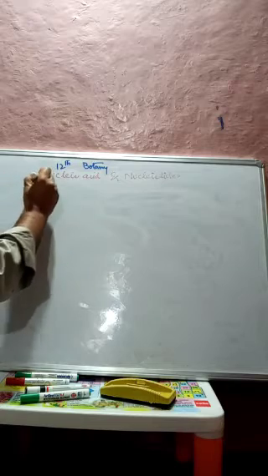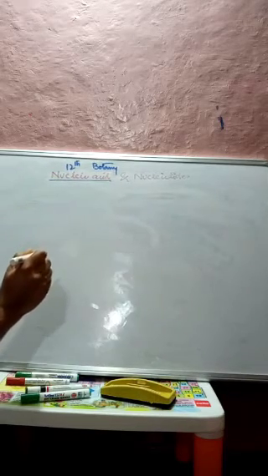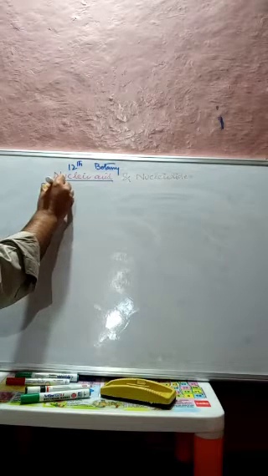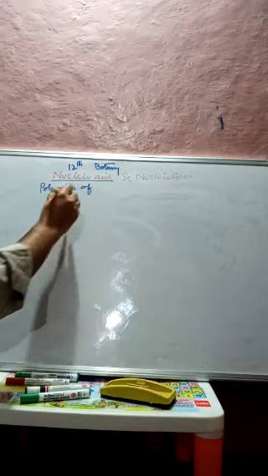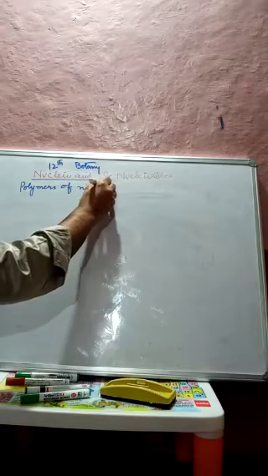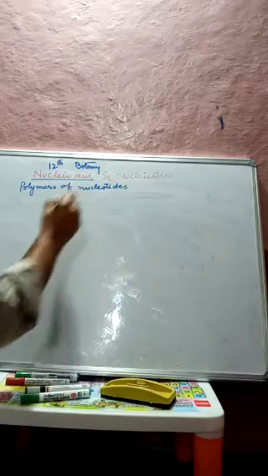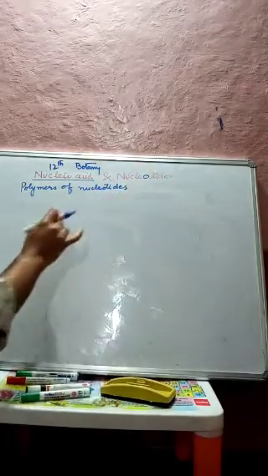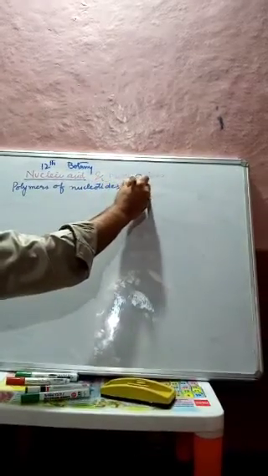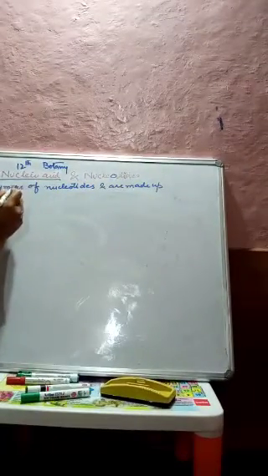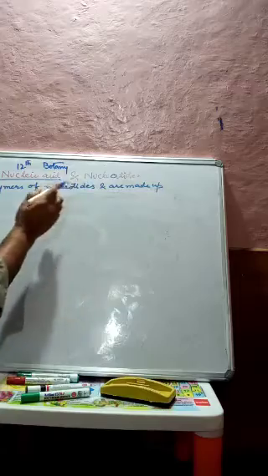Now, these nucleic acids are simply the polymers of nucleotides. They are the polymers of nucleotides and are made up of what?